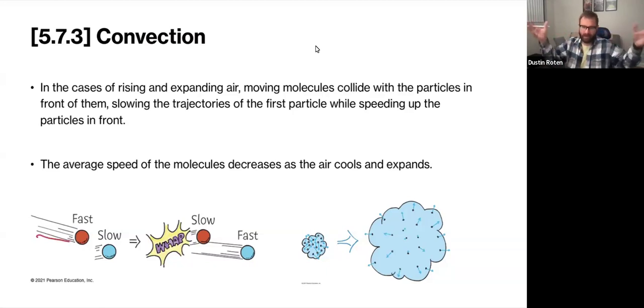So you have an incoming molecule and then a molecule that's been out for a while. What happens is they do an energy transfer due to conservation of momentum. The one that came in fast is now traveling slow after the collision, and the one that was going slow is now traveling fast. So you get the conga line effect as a gas expands.